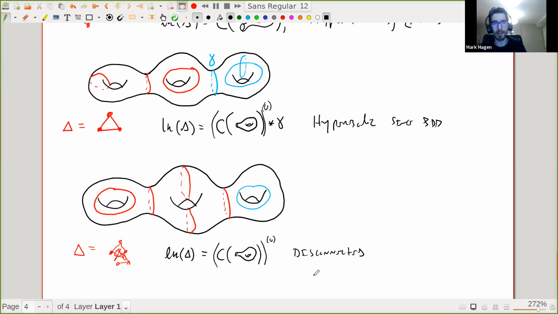So if my red curves in my simplex cut out a surface with complexity more than 1, then the link will be connected. Otherwise, in this codimension 1 case, the link will be disconnected. So that's the 4th condition.